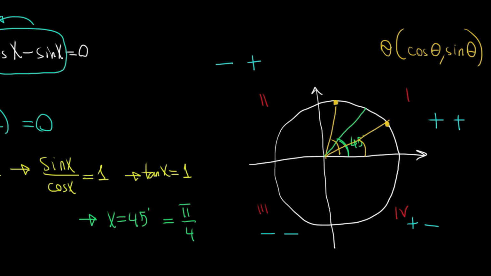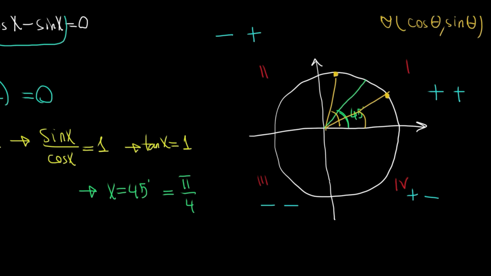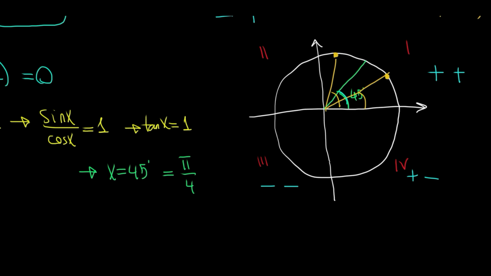Why is that relevant to us? Well, think about it this way. Because I know that I have 45 degrees as a solution for tangent equals 1, the 45 degrees is not the only solution, because if I were to look diagonally in my third quadrant, I would basically replicate the same kind of triangle that I have over here. But this time both my sine and my cosine of this angle theta are going to be negative, and we know that a negative divided by a negative number gives us a positive answer.